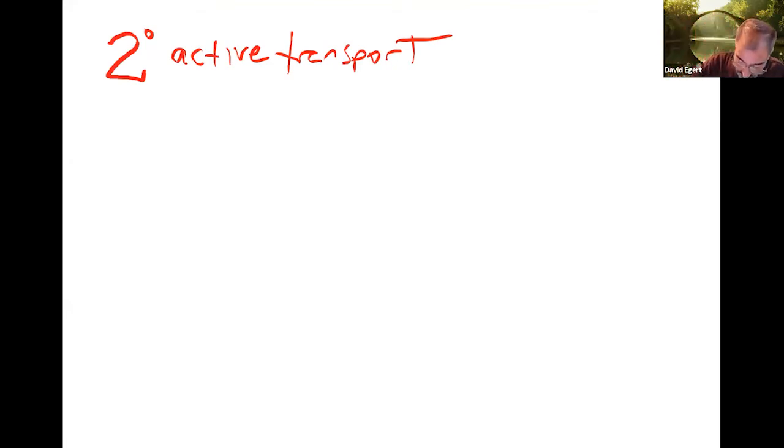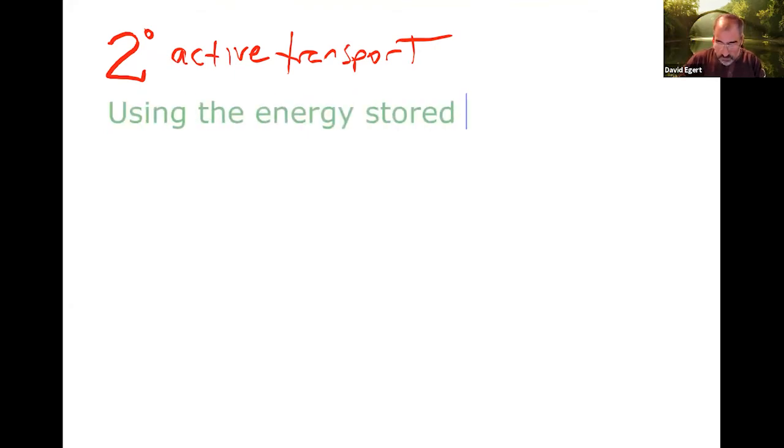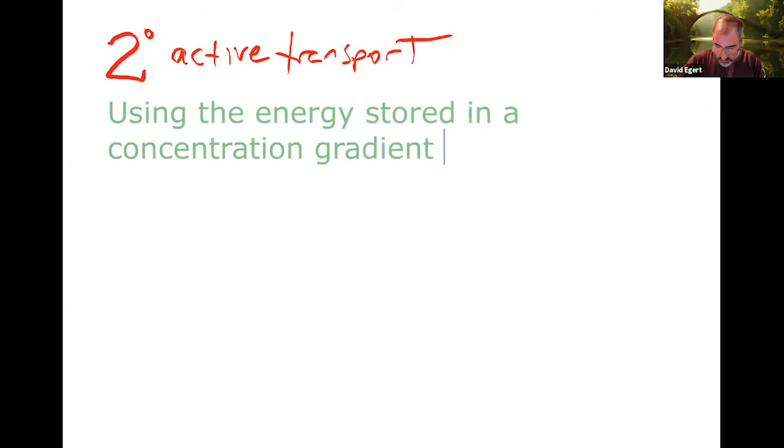So I'm just going to lay it out first. This is using the energy stored in a concentration gradient, usually that was initially created by primary active transport.